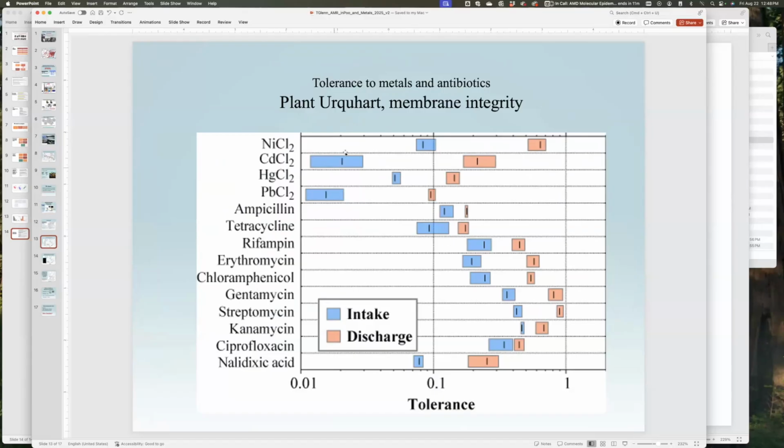But if you look at the tolerance at the intake, right? So this is tolerance to heavy metals or tolerance to a variety of different antibiotics. That is always lower versus the tolerance at the discharge.